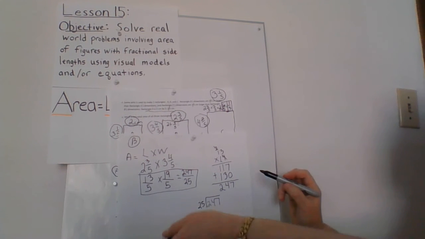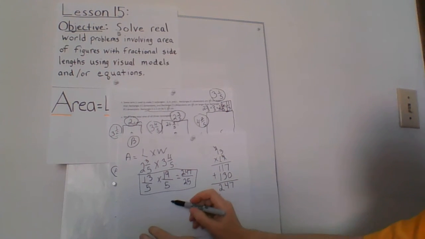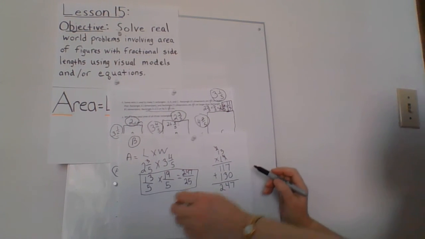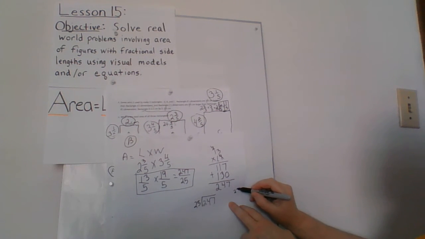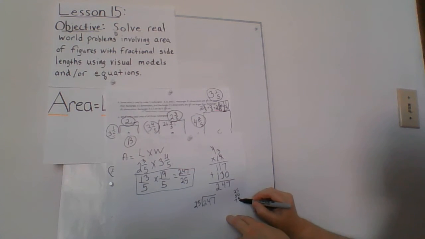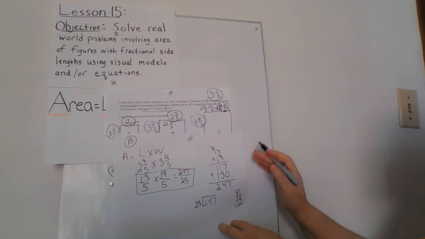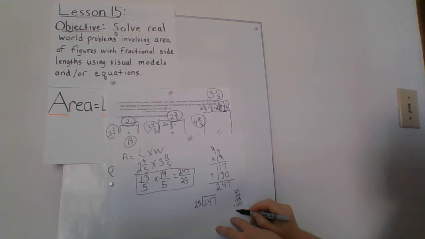So I'm going to go ahead over here on the side and do my multiples of 25. So I have 25, 50, 75, 100, or 4 quarters is $1. 125, 150, 175, $2, and then 225.